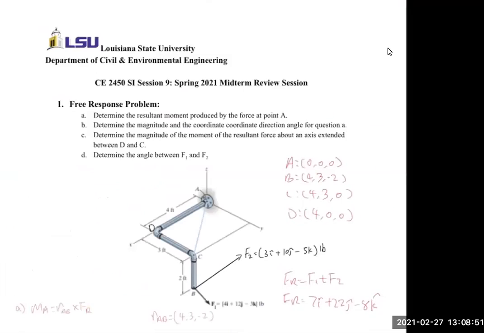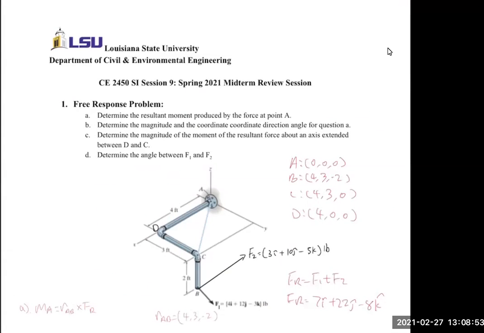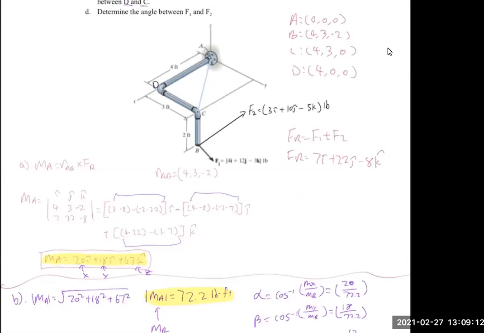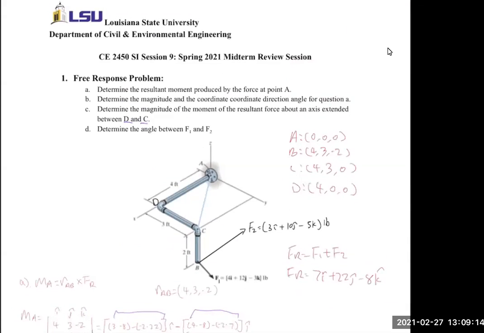Part C says determine the magnitude of the moment of the resultant force upon an axis extended between D and C. So I'm going to do my moment about DC equal to the unit vector of DC multiplied by R cross F. I have to find out what my R and what my F is.